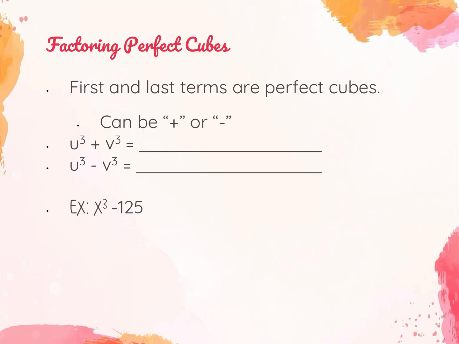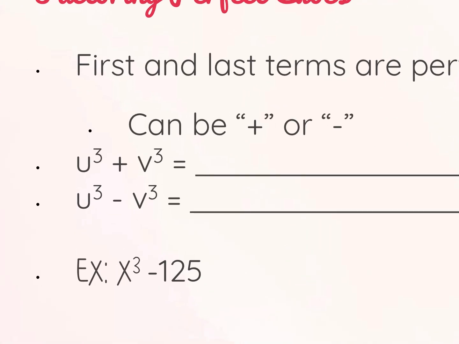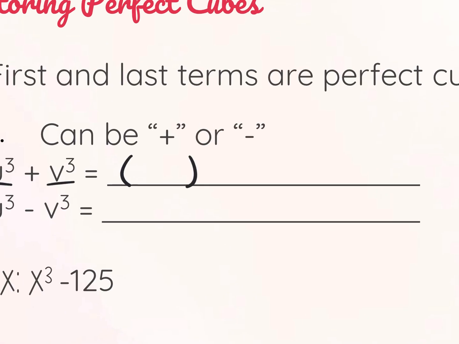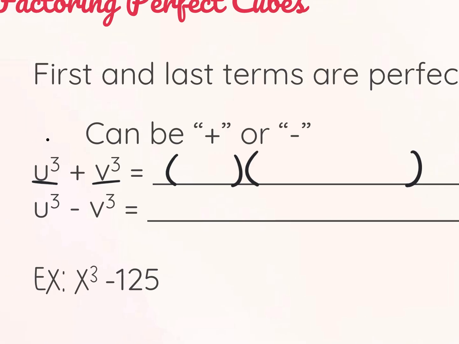So we learned on Friday a difference of perfect squares. There is a rule for a sum and difference of cubes, right? So with cubes, it can be plus or minus, right? Whereas the squares, it had to be strictly minus. Okay, so our rule for cubes is if I have two perfect cubes with a plus in between, it's going to be two sets of parentheses.